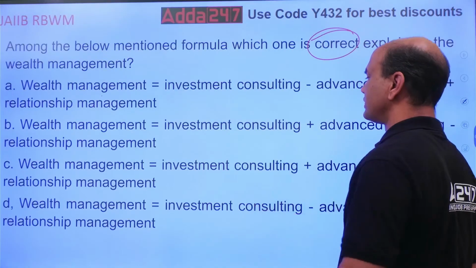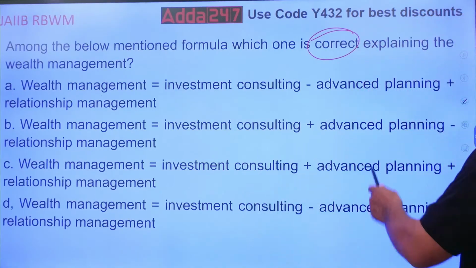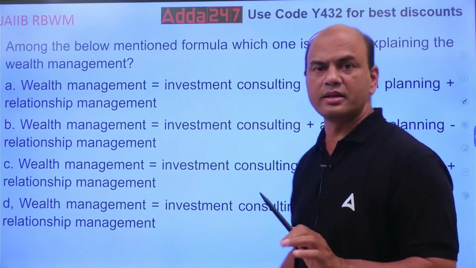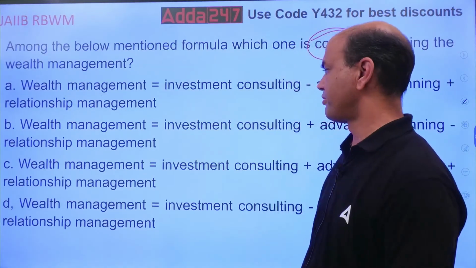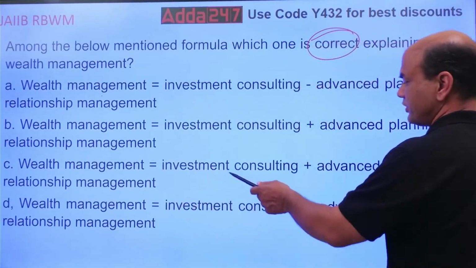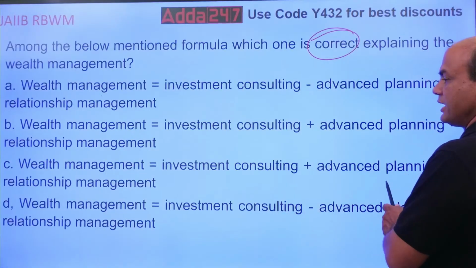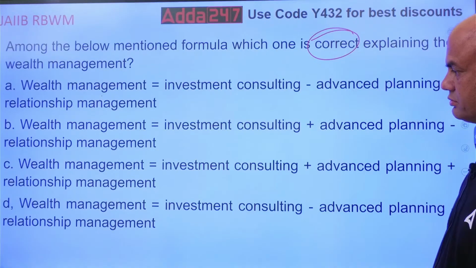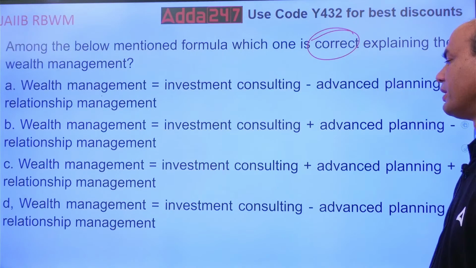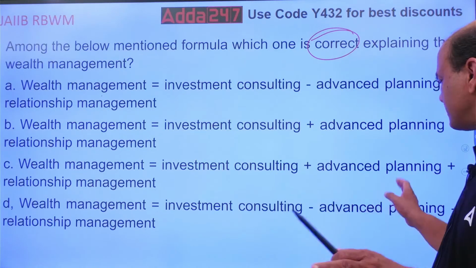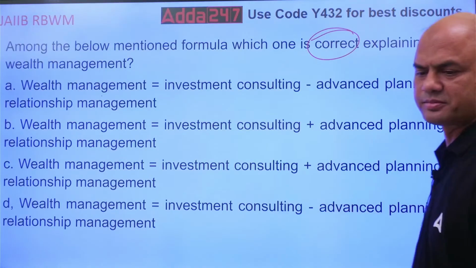B: Wealth management equals investment consulting plus advanced planning minus relationship management. You don't have to maintain the relationship. C: Wealth management equals investment consulting plus advanced planning plus relationship management. D: Wealth management equals investment consulting minus advanced planning minus relationship management. So you don't require relationship, you don't require advanced planning.